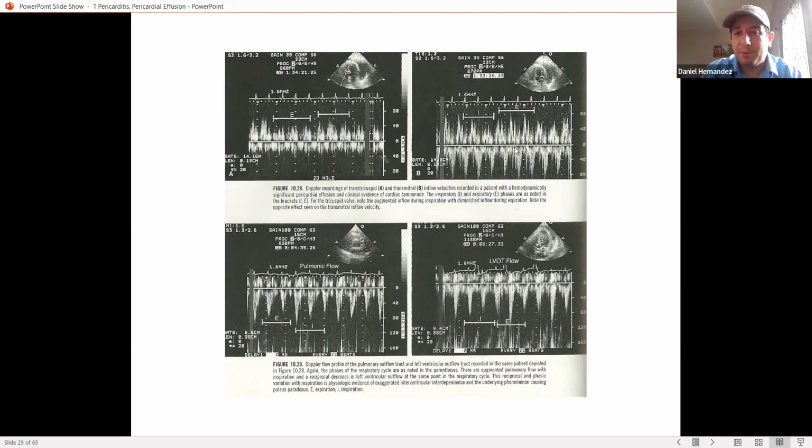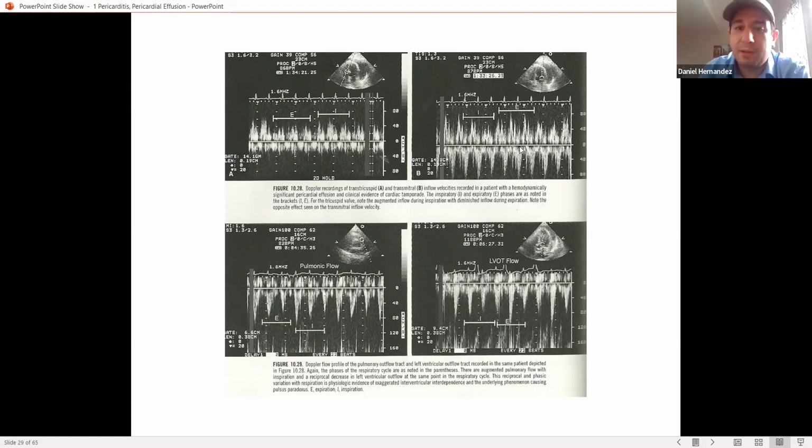Conversely, when we're on the left side of the heart with mitral, when they take a deep breath in, we should have decreased mitral inflow. And when they breathe out, we should have increased mitral inflow. So with patients with cardiac tamponade, we have a large exaggeration between inspiration and expiration.